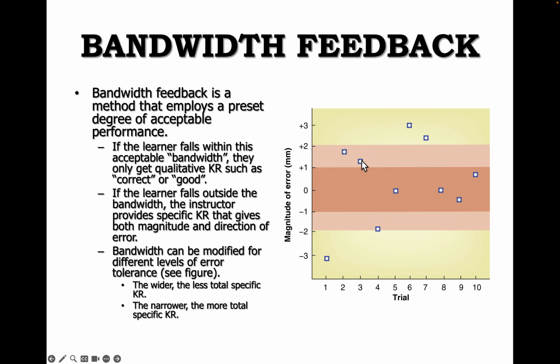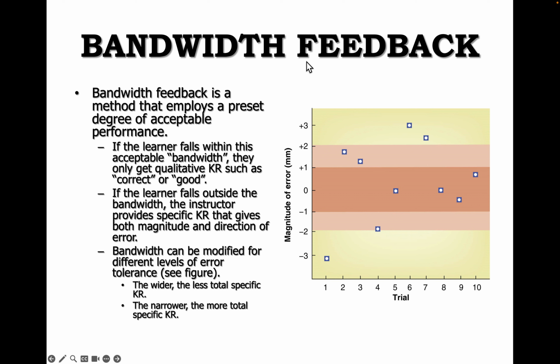Now, if the trials fell outside this very dark salmon-colored band, any of these trials here, we would give more specific knowledge of results feedback. Instead of saying that was good or correct, we would say, no, that was wrong. You were 5 inches away from the target, or something along those lines.